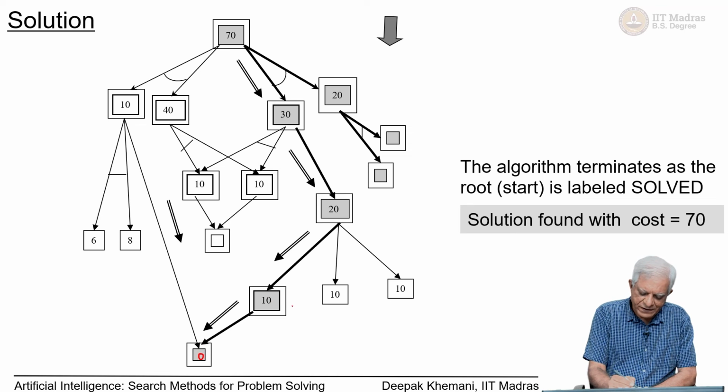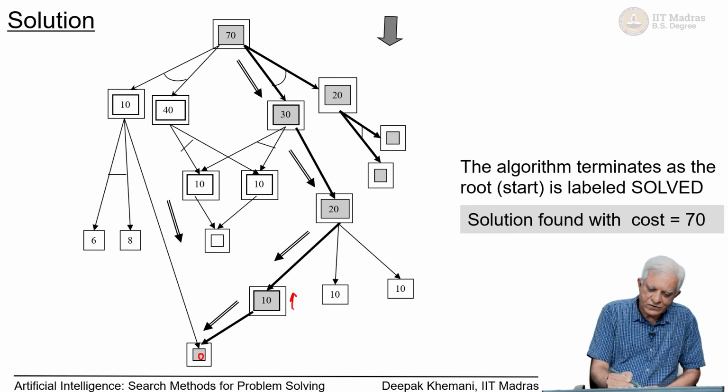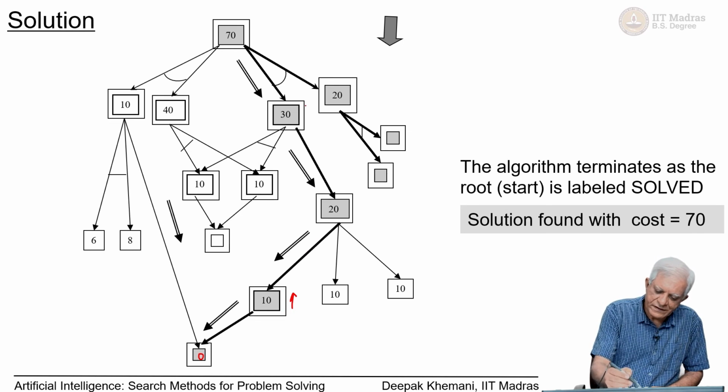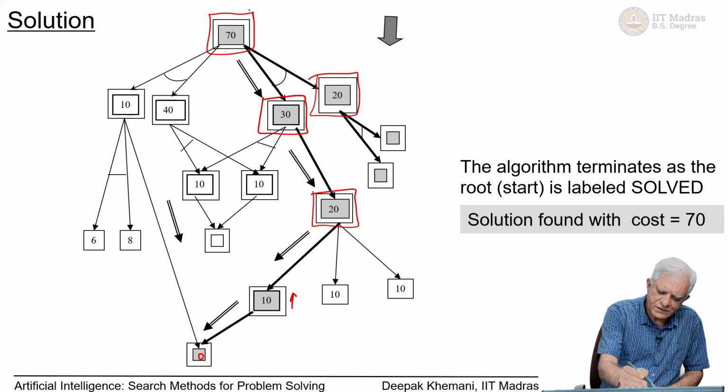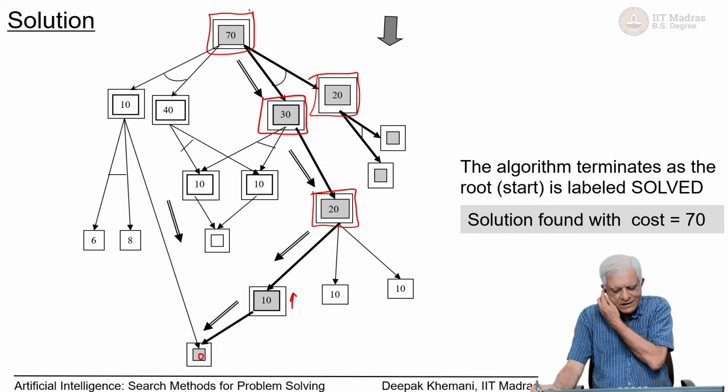So, it was 9, it has gone up by 1 to 10, and it has become solved. So, all this solved label keeps propagating upwards, as you can see. This is solved, this is solved, this is also solved, and therefore, the root is labeled solved with a cost of 70.